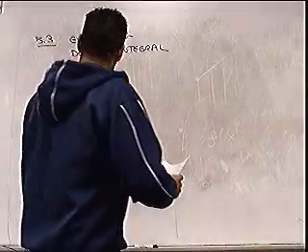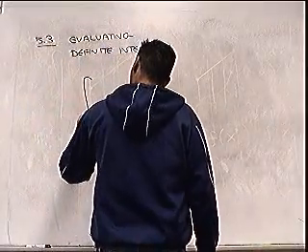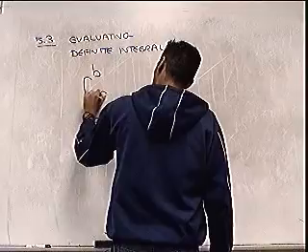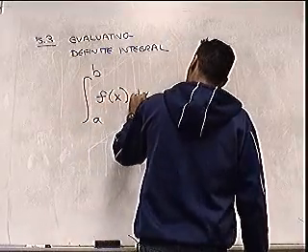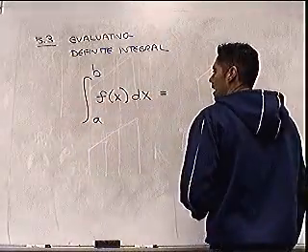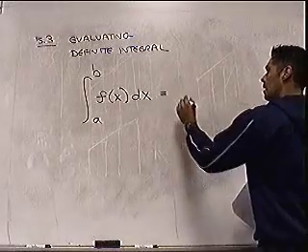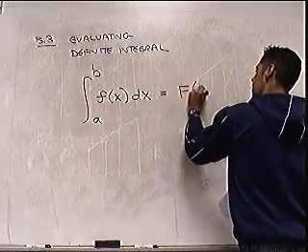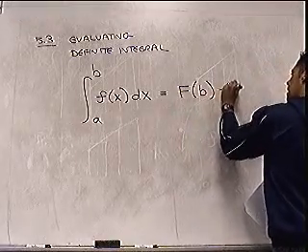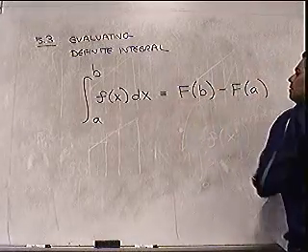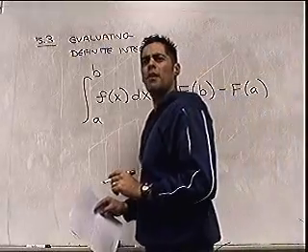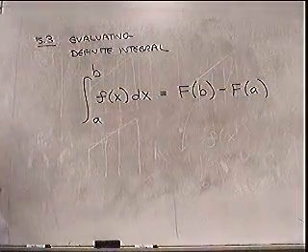So we already know this. I've put this on the board before, but I'm putting it again. The area underneath this curve, the net area underneath this curve between A and B, can be found by evaluating capital F at B and subtracting capital F at A. Here, capital F is what? The antiderivative.